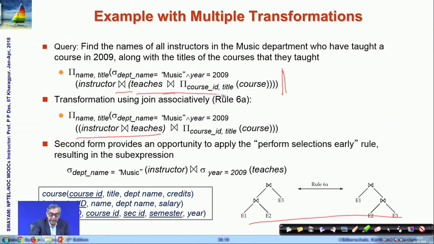Here the second and third relations are joined first and then the first relation is joined with that.